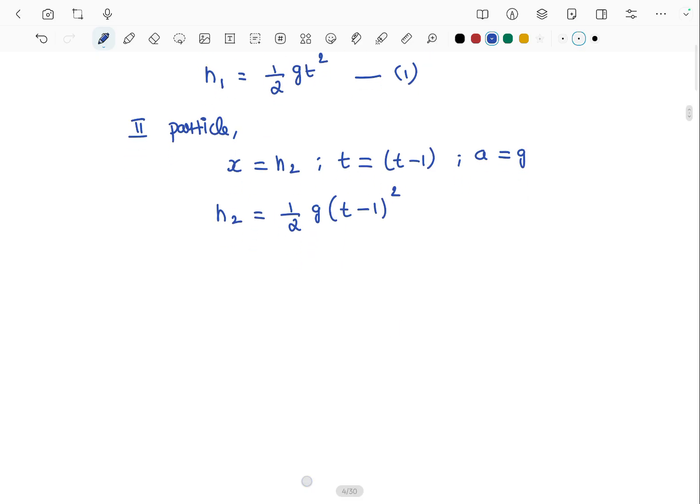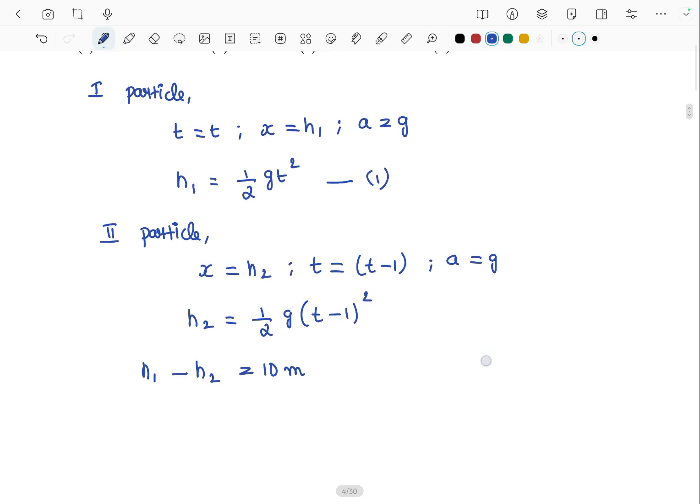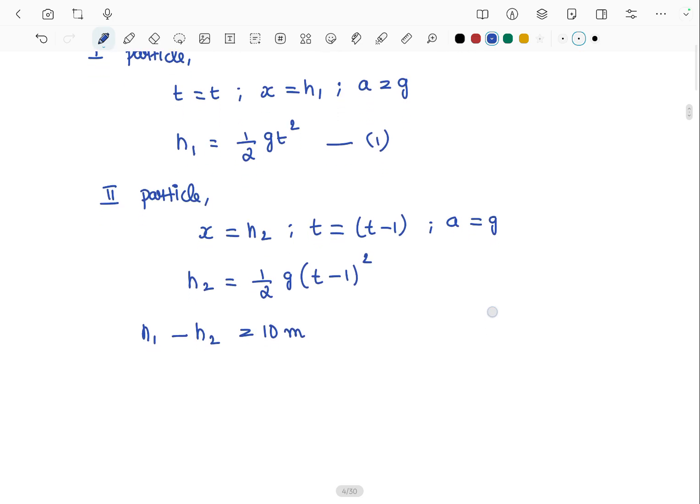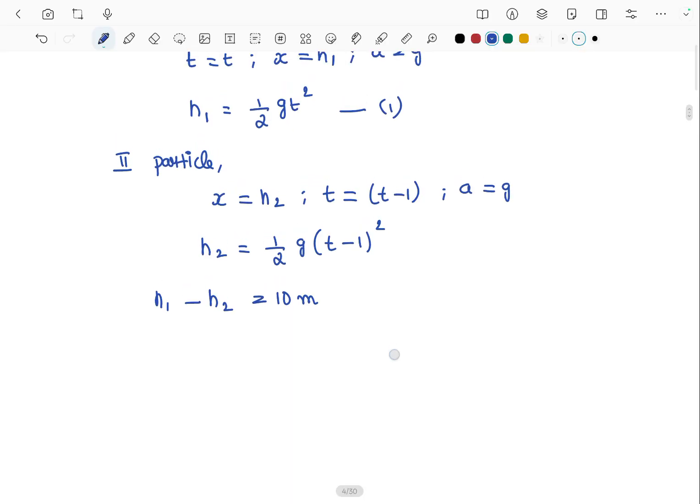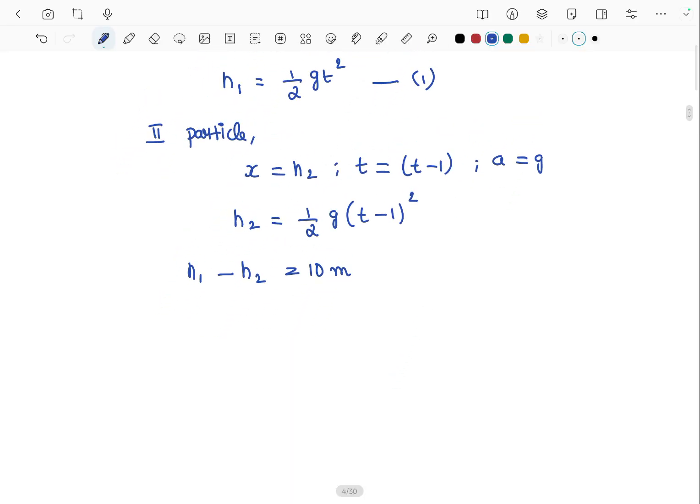According to the question, h1 minus h2 is given as 10 meter. So at what time will these two particles have a distance of 10 meter? Let's substitute. h1 is half g t square minus half g into t minus 1 the whole square, which should be equal to 10.